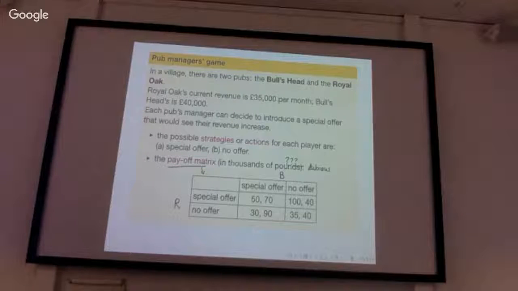What do you think the Royal Oak is going to do? Introduce a special offer or not, based on the payoff matrix?